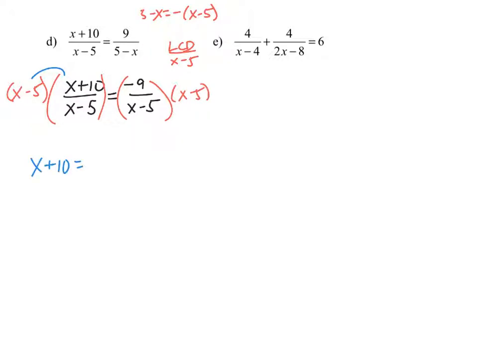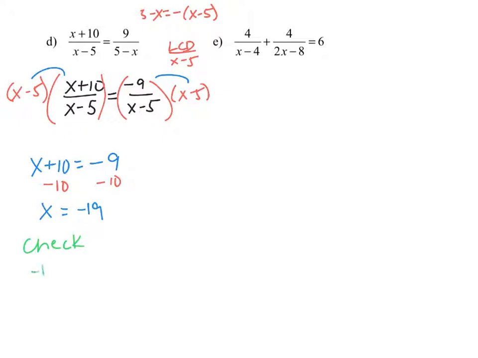On the right side, when you distribute, the x minus 5s will divide out, so the right side will equal negative 9. Now we can solve this equation by subtracting 10 from both sides to get x equals negative 19. We always want to check our work by plugging in our answer back into the original equation.